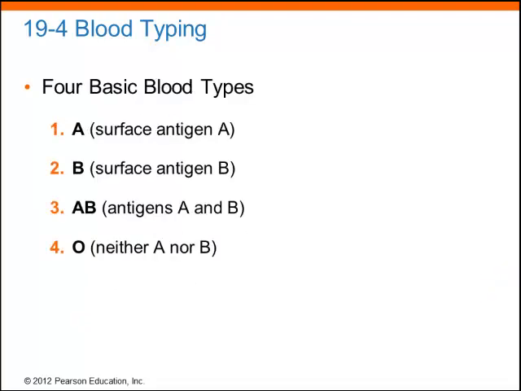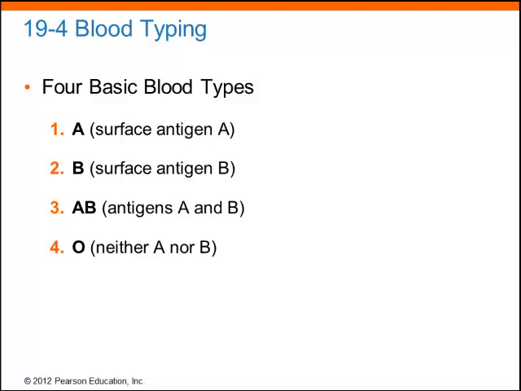Let's start with the AB group. There are 2 different antigens found in the AB group. There are 3 different genes involved. There's an A gene, there's a B gene, and there's an O gene. These are technically not different genes, but that's the terminology we'll use for now.